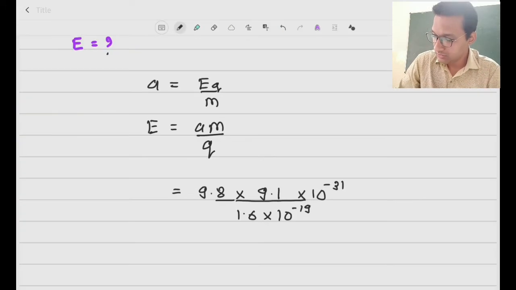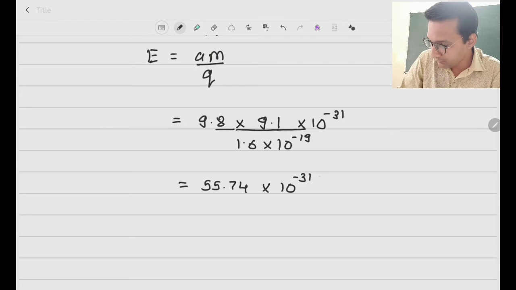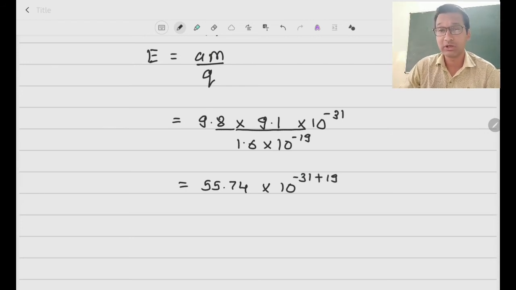So this will give us 55.74 into 10 raised to minus 31 plus 19. Now I have taken this in the numerator, so it will become plus 10 raised to minus 19 in the numerator will become plus. Now we can add and subtract this.